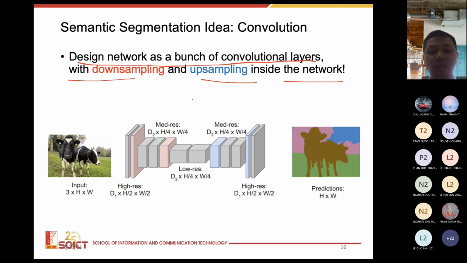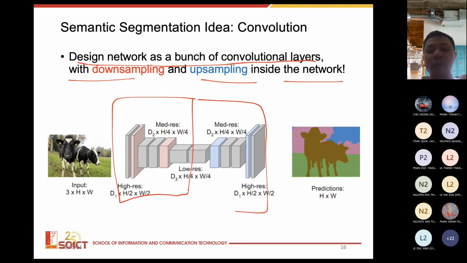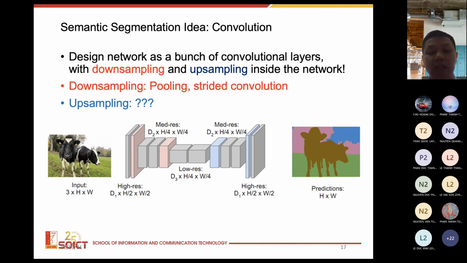The downsampling is a part that we are already familiar with from the previous lesson, and now we discuss the way we can do upsampling in a convolutional way. The mechanism for downsampling the inputs could be the pooling layer, or we use strided convolution layers. Now we discuss the way we can do upsampling.